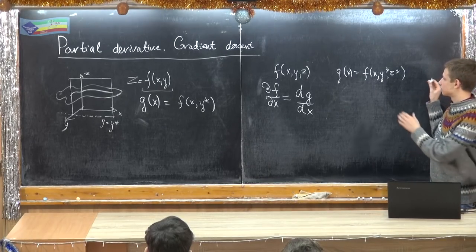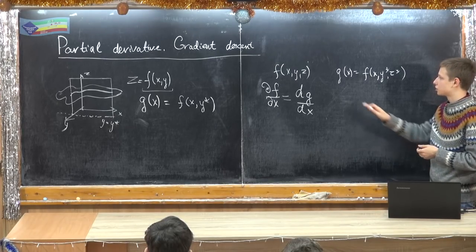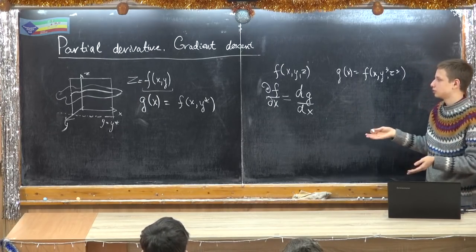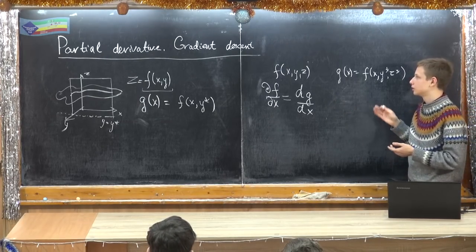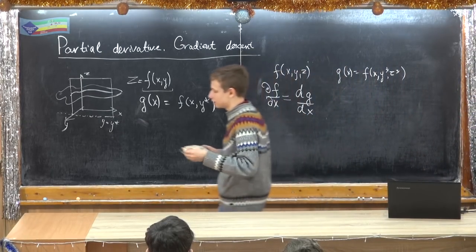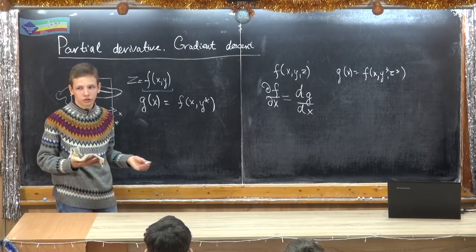In this way we've reduced the number of variables to just 1, and then the partial derivative is equal to just the usual derivative of a usual function. So that's about the geometrical meaning and how to interpret this.